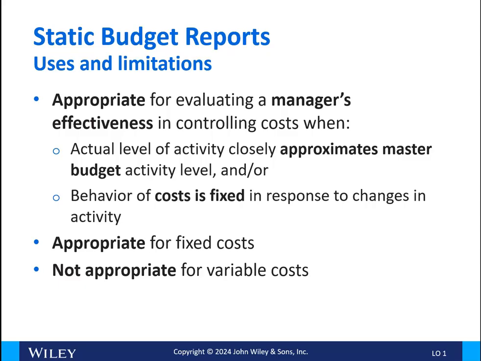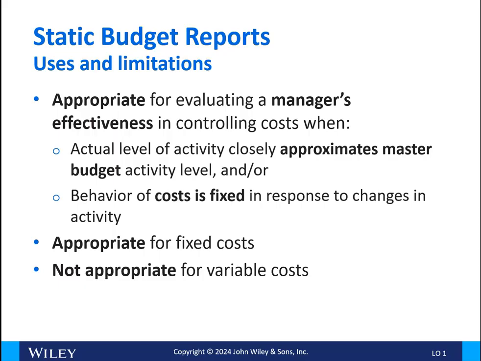So some uses and limitations of static budget reports. It's appropriate for evaluating managers' effectiveness in controlling cost when the actual level of activity closely approximates master budget activity, and or the behavior of costs is fixed in response to changes in activity. It's appropriate for fixed costs, not appropriate for variable costs.